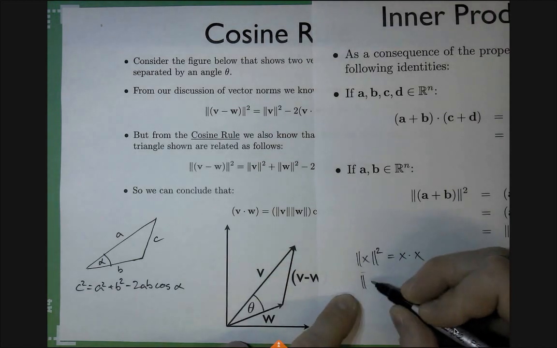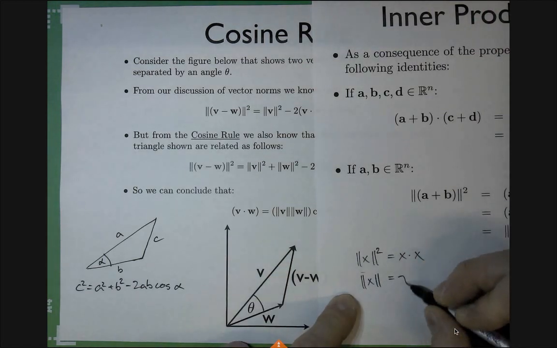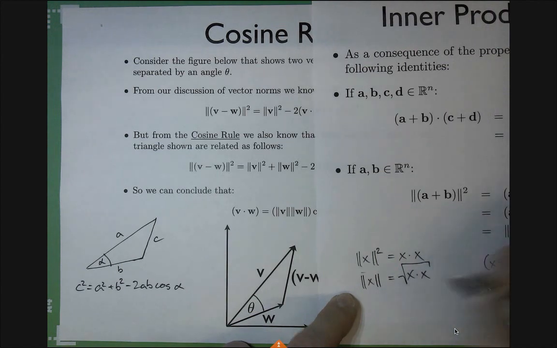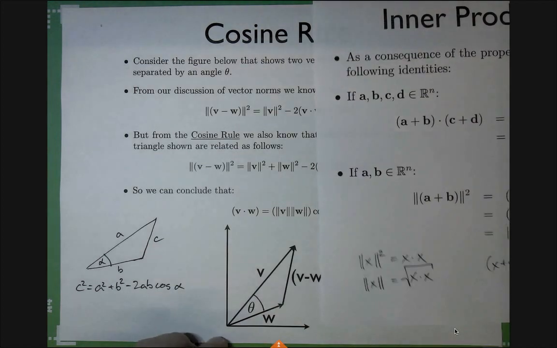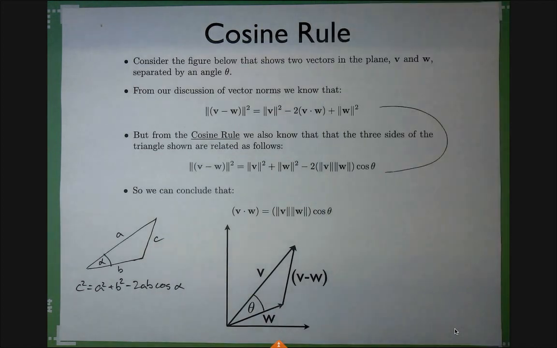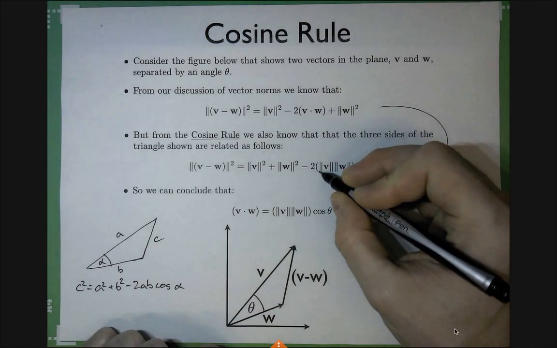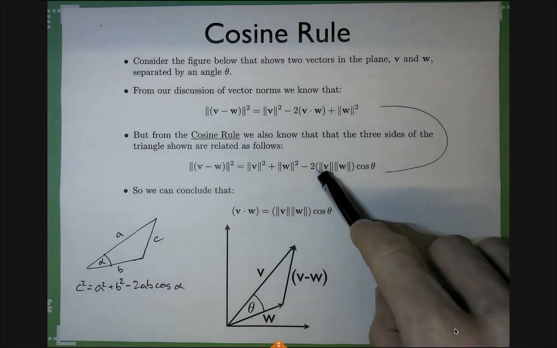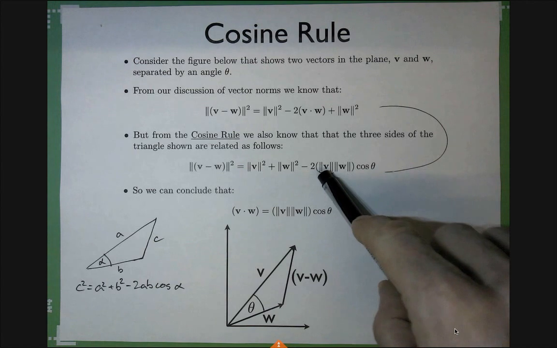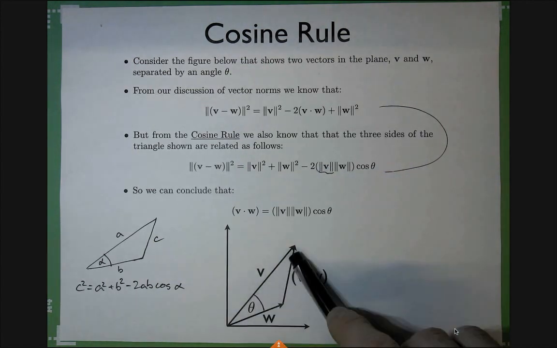If I write it without the square, that means I took the square root of that. So this is the norm; with the square, it's the square norm. This means just the length of the vector. It forgets the direction, so the length is just a scalar. It's just a real number, and it tells me how long this is.